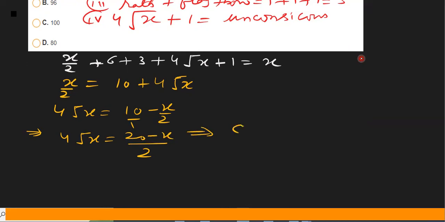On further simplification that is 8 root x is 20 minus x. अब यहां पे स्क्वायर रूट को तभी हटेगा जब बोथ साइड स्क्वायरिंग करें.